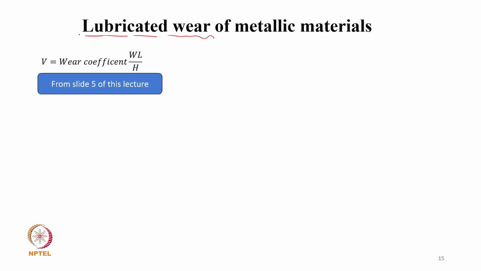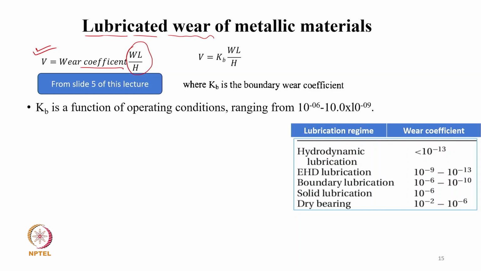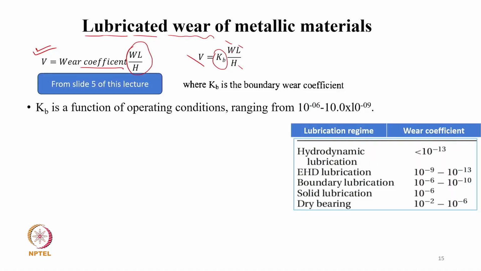Now what will happen in the lubricated cases? We really give wear volume in terms of, again, a wear coefficient in terms of W, L and H. A number of researchers have done work on that. They say the wear volume can be given in terms of W, L and H, and here we write down K. Now, whether it really can be given, we will use a machine learning algorithm to figure out what is the weightage of W, what is the weightage of length, what is the weightage of H, what is the weightage of the coefficient.